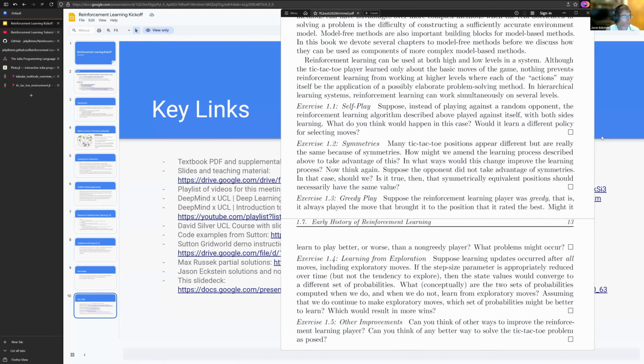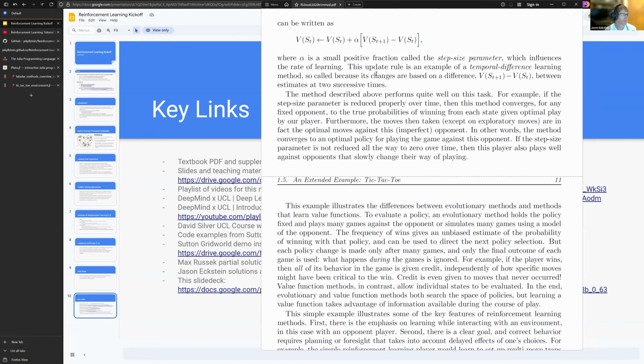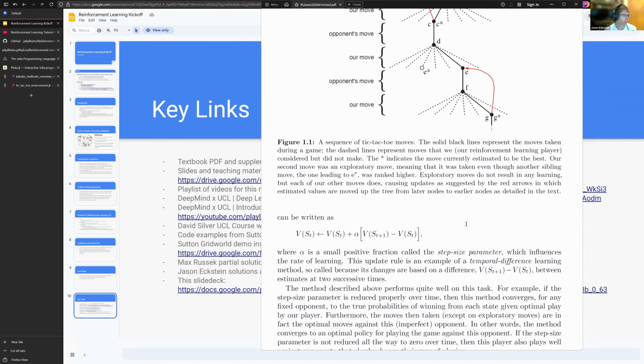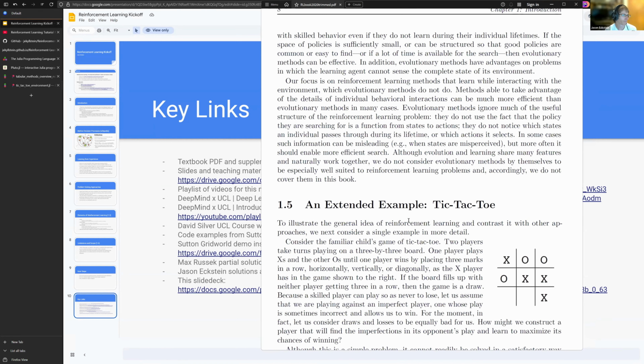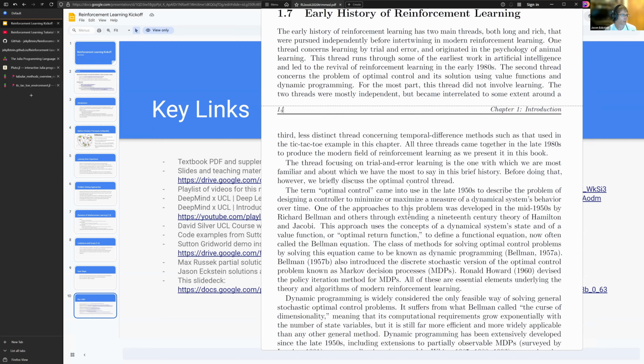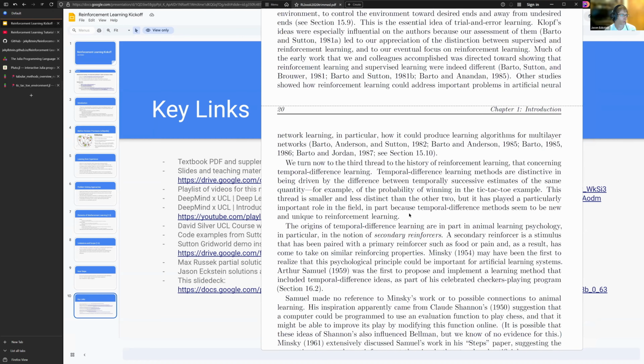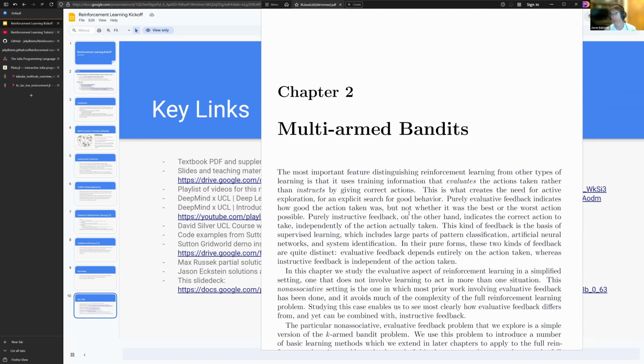So for what would be good to review for next time, I think it's section 1.5 in the introduction. And I don't think it would take too long to go through these exercise solutions. And then chapter 2 is a completely different topic on these multi-armed bandits.